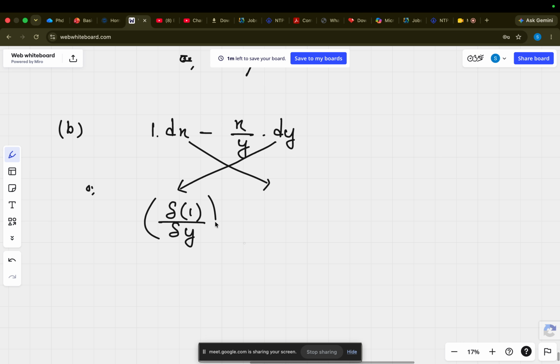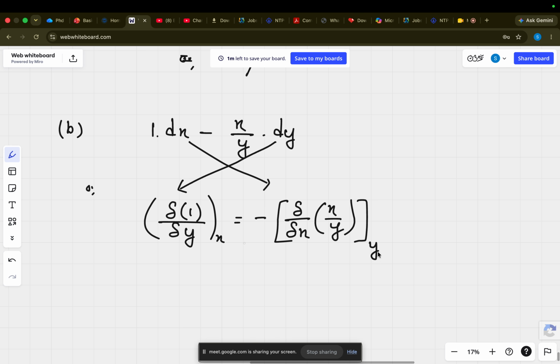What will be the constant? The constant will be your x, and dx is coming to this side, so minus I am keeping. Now I can write del x of x by y. X by y, what is constant?